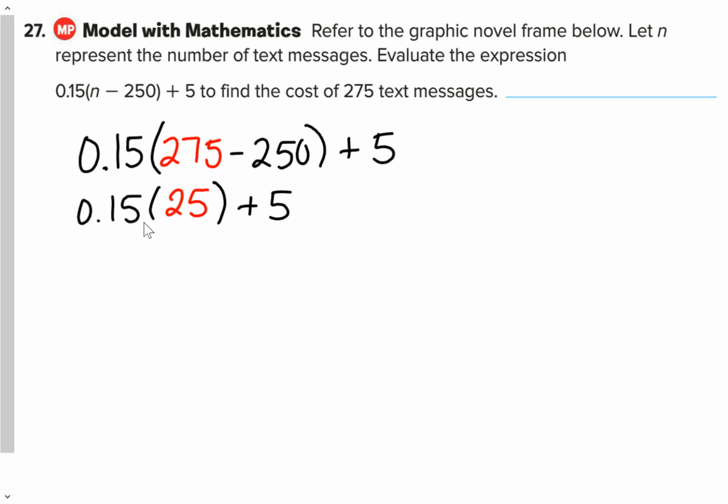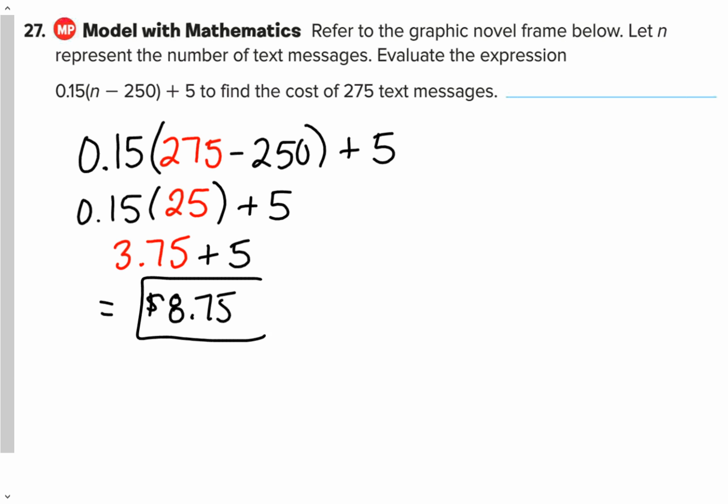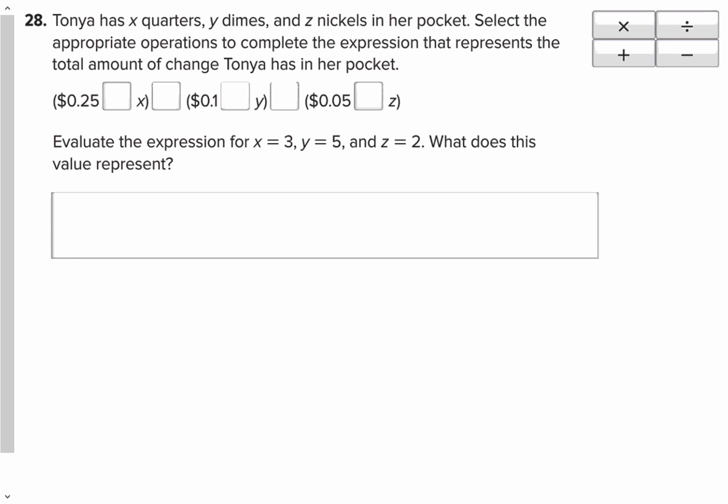So 0.15 times 25, that equals $3.75. And we're just going to write down the rest of the equation, and our answer is going to be $8.75.